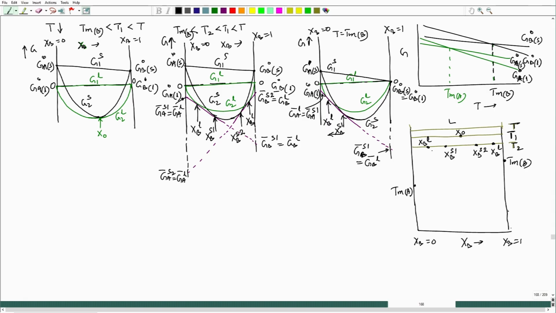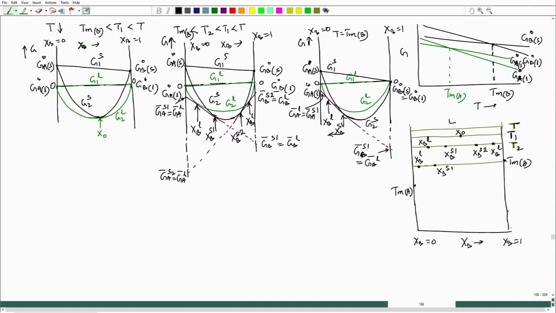Fine. Now at T equal to TMB, so we have 2 points. One point is here and another point is here. So this is XB of L and this is XB of S1.